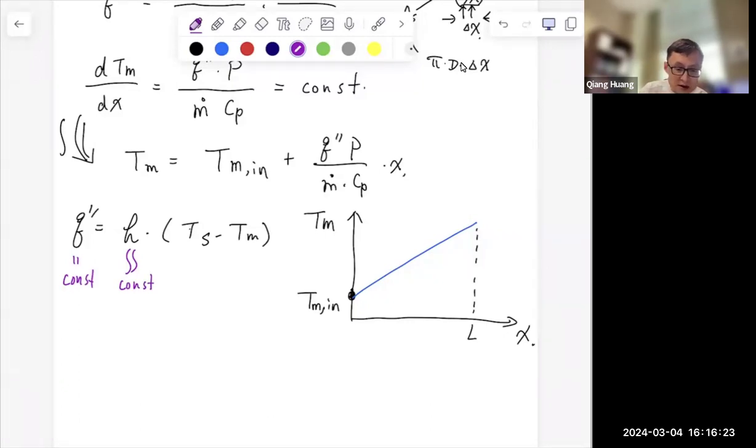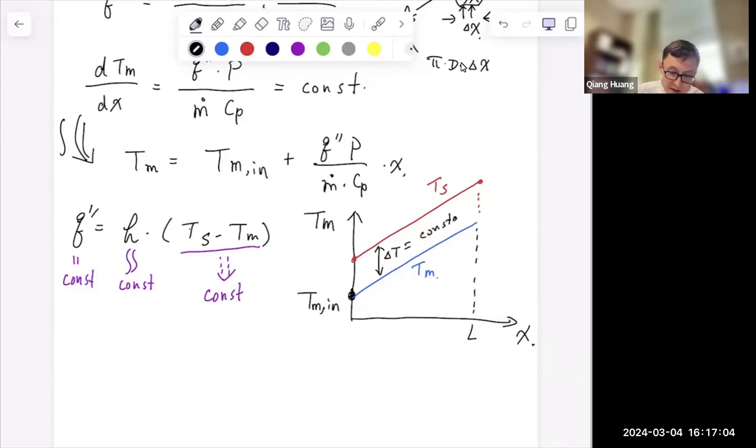If these are two constants, then this is also a constant. Therefore, the surface temperature will also be roughly a constant. So this will be the surface temperature and this will be the mean temperature of the fluid, and the delta is about a constant.